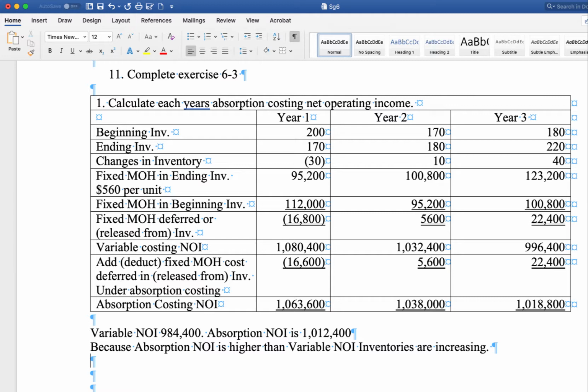We can subtract those two and recognize that, hey, there's $28,000 difference. That amount of $28,000 is what is deferred to inventory. Okay, so that's exercise 6-3.